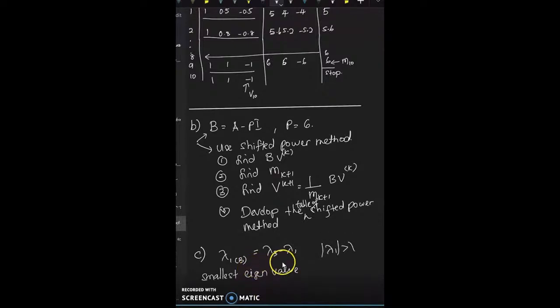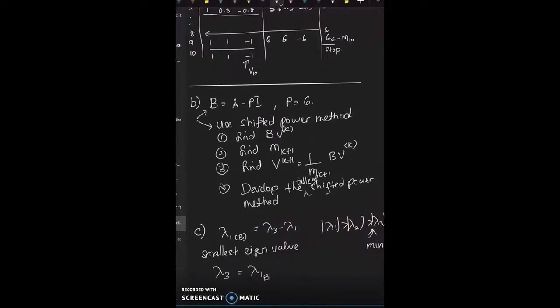And then to get the other one, lambda 2, you want to find lambda 2. The smallest eigenvalue is lambda 3, which is lambda 1b minus lambda 1a. So lambda 3, the smallest, is lambda 1b plus lambda 1a.